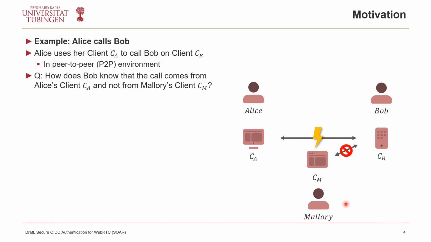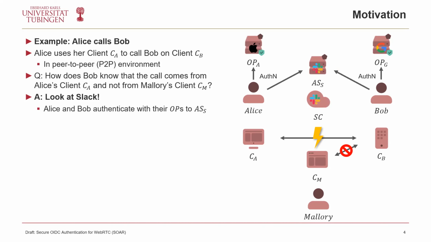This is exactly what Slack is doing, but therefore Slack introduces two additional components. At first, Slack needs its own signaling channel, which trusts its own authorization server. So when Alice wants to authenticate herself with her Apple ID, and Bob wants to authenticate himself with his Google account, they authenticate via OpenID Connect to the authorization server of Slack.